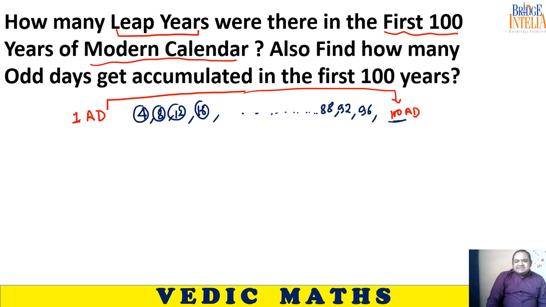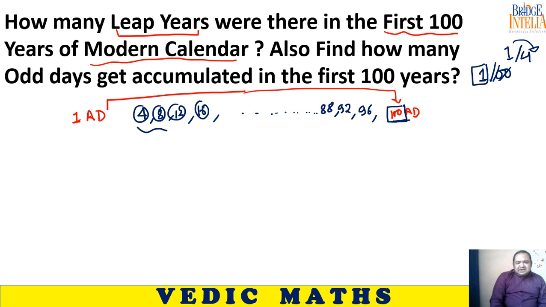But we cannot consider 100 AD as a leap year. 100 is also a multiple of 4, but we cannot consider it a leap year because the last two digits are 0. If you pick 1 and try to divide it by 4, 1 is not divisible by 4. So 100 AD cannot be considered as a leap year.